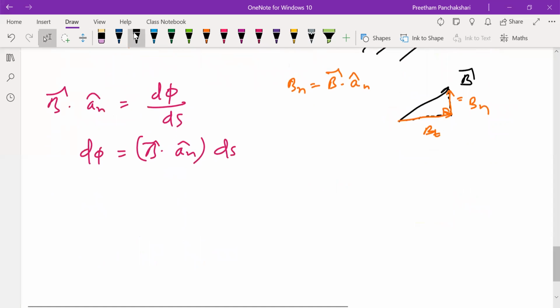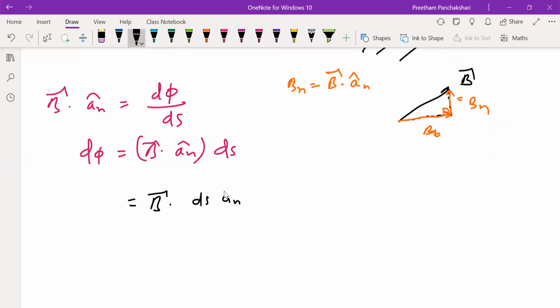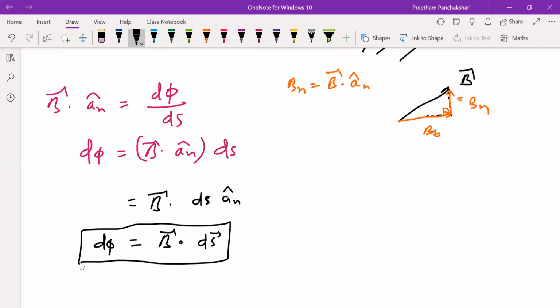In the next step, I would like to combine dS with a_n, because a_n is the direction of dS. Both put together, they become the vector dS. So the dot product B dot dS gives the amount of flux passing through the smallest area, the differential area dS.